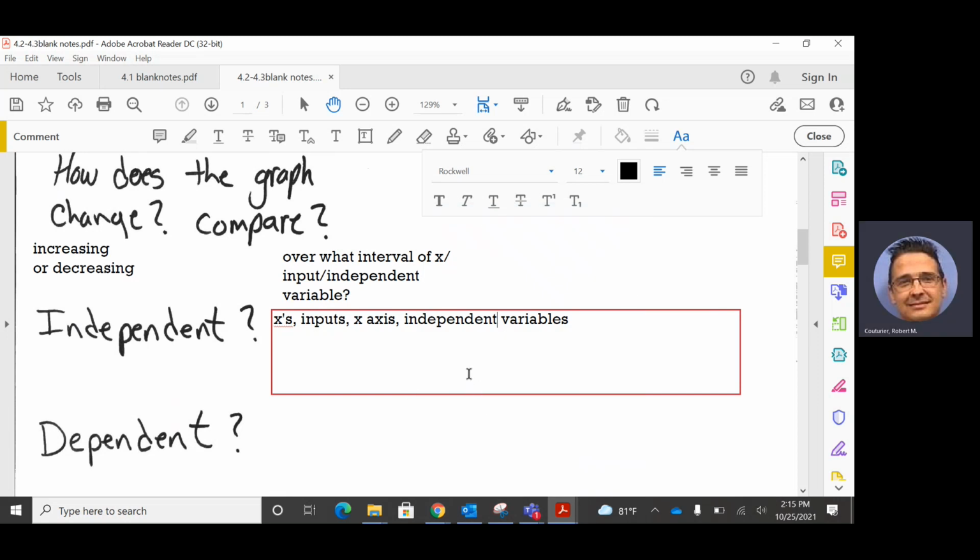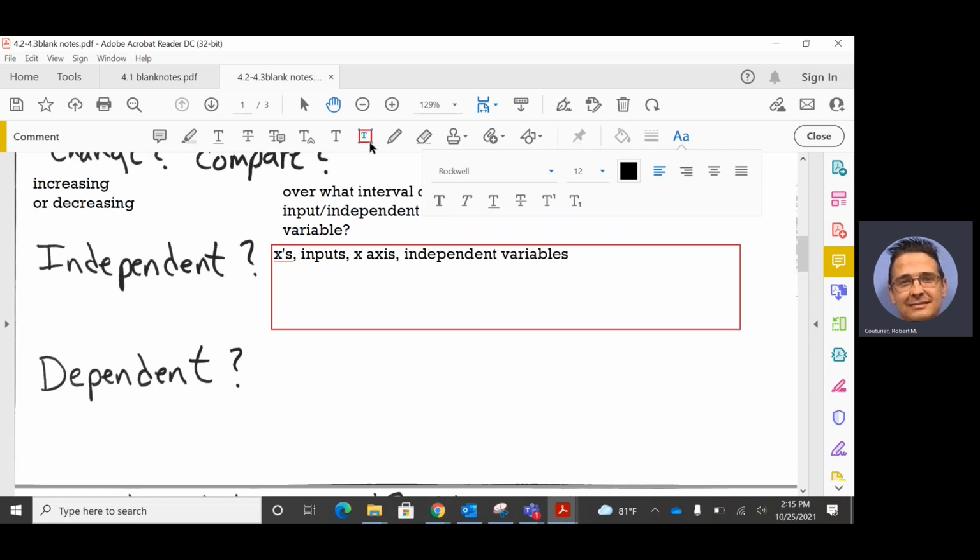So all of this means the same thing. They can interchange any of these words at any time: x's, inputs, the x-axis is our independent axis, independent variables. All that is interchangeable vocabulary for us.